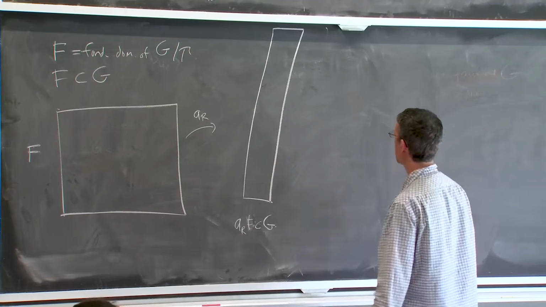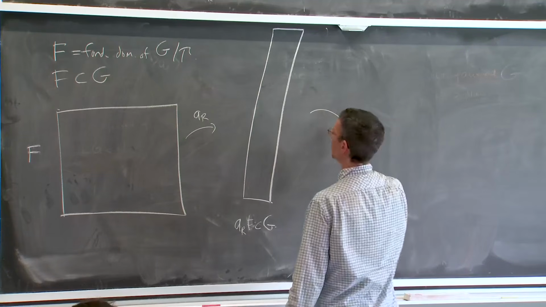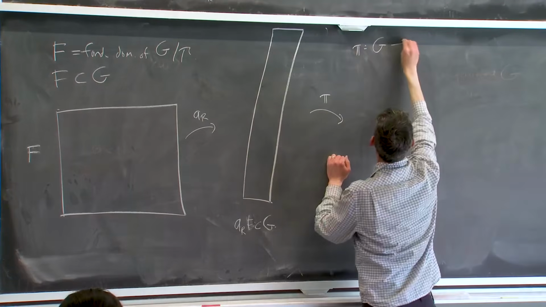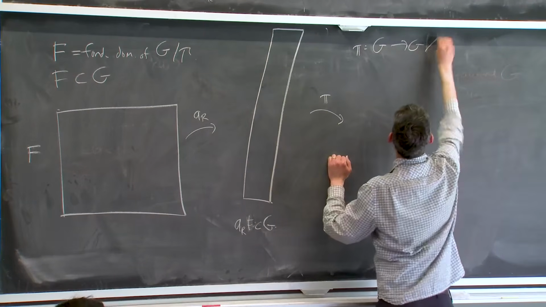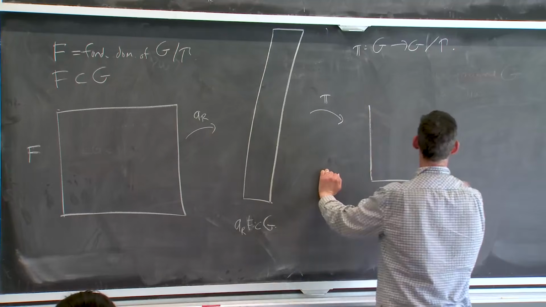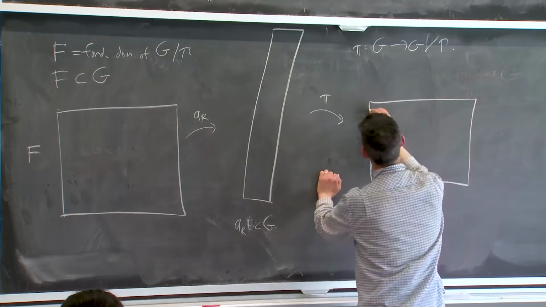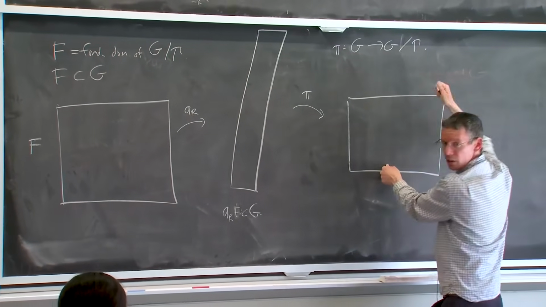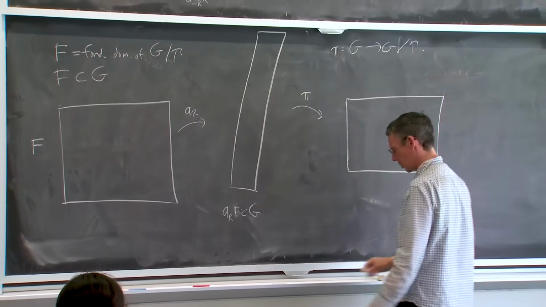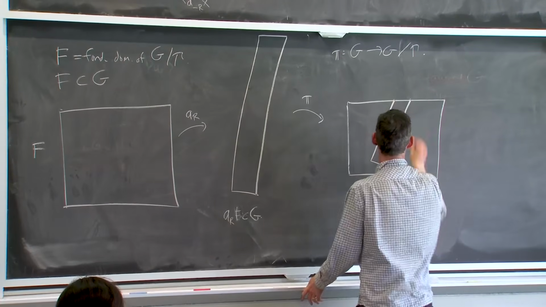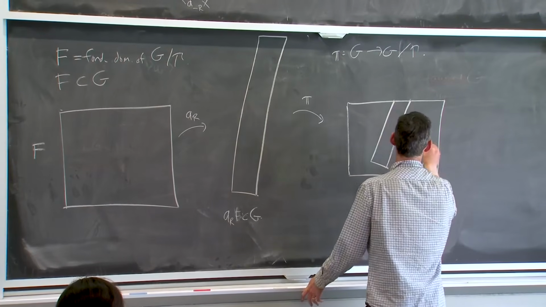OK. Now, the next thing that happens is we have to apply the quotient map. So pi is the map from G to G mod gamma. And when we do that, I'll visualize G mod gamma again as this fundamental domain. And what happens is that this thing is going to kind of wrap around the fundamental domain. OK, so it will look something like this.